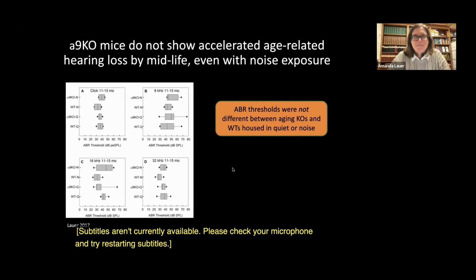In the interim, this story of cochlear synaptopathy really started emerging, and looking at ABR wave amplitudes as a proxy measurement for cochlear synapse loss started gaining popularity.